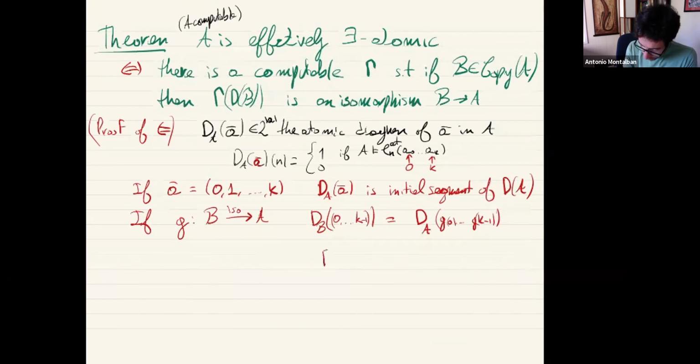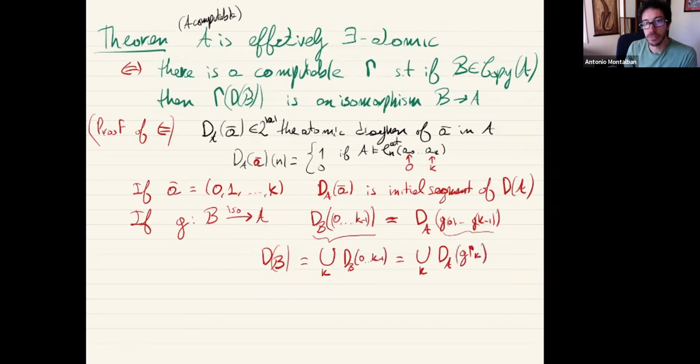And now the full diagram of B is the union of all these guys, right? These are all the initial segments of the diagram of B. So the diagram of B, let me just write it better, is equal to the union over all K's of the diagram in B of the tuple 0, K minus 1, which by this equality up here is going to be the union over all K of the diagram in A of this thing, which I'm going to write as G up to K. This is the first K values of G. Okay, so I'm going to write that again.